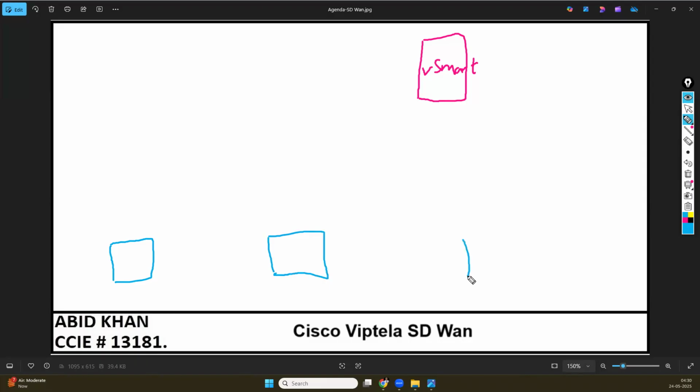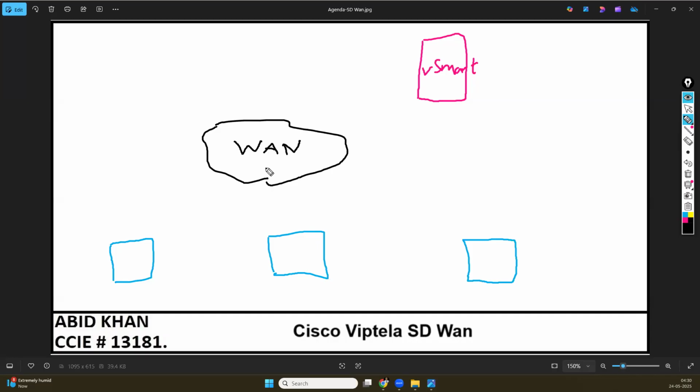Just to explain, I'll draw only, let's say, 3 WAN edges in 3 different locations. And then we have the underlay, some WAN. It could be internet or it could be MPLS.